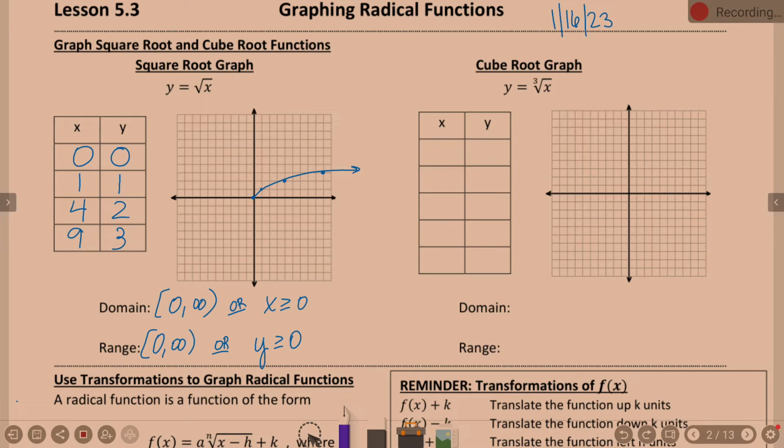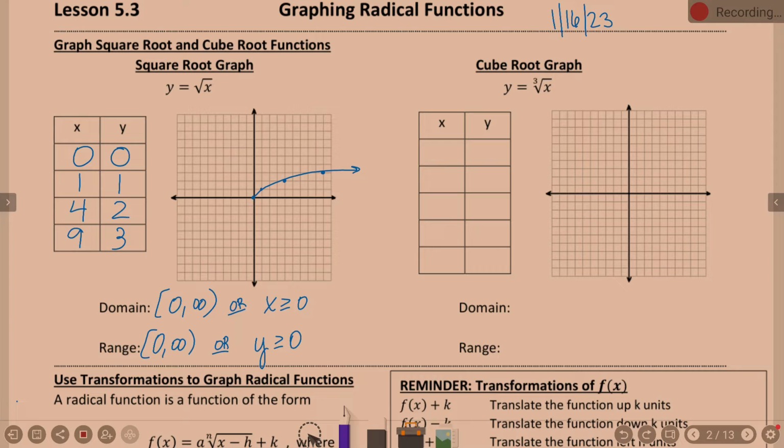The other graph I want to talk about, and I'm going to introduce them both to you so you have the information in your notes, a cube root graph. Okay, so cube root of x. Again, if we don't know what the graph looks like, I'm going to suggest try an XY chart.